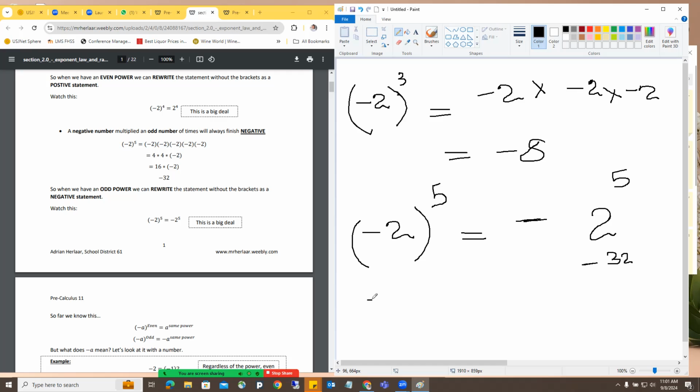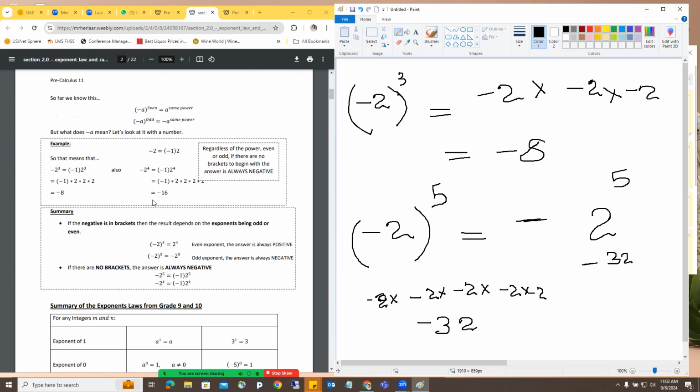If we expand the left side, again -2 times -2 times -2 times -2 times -2, then again we will receive -32. Okay, that's how it is. So we know these ones.